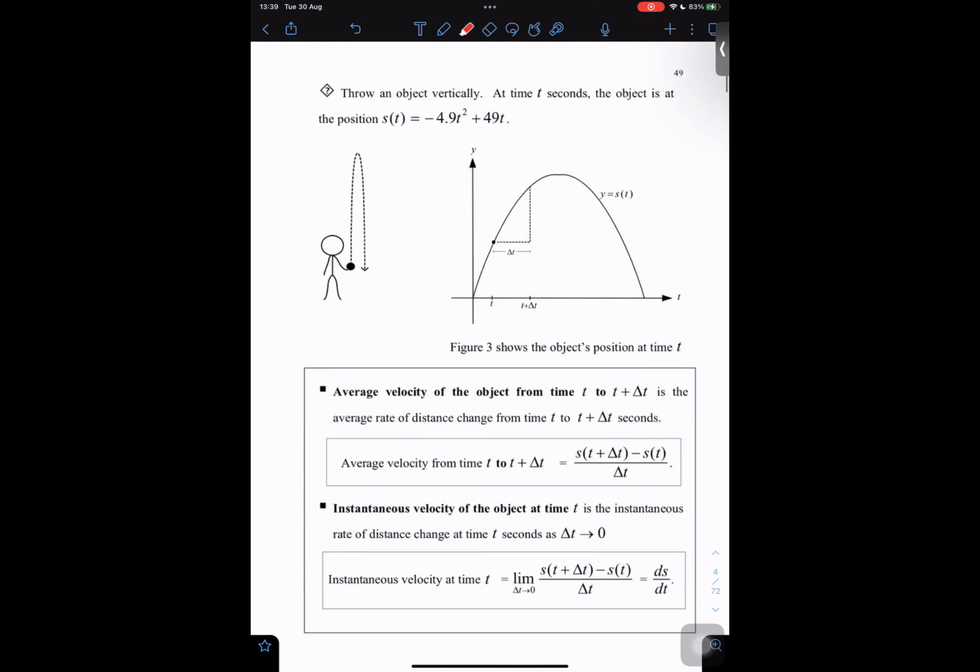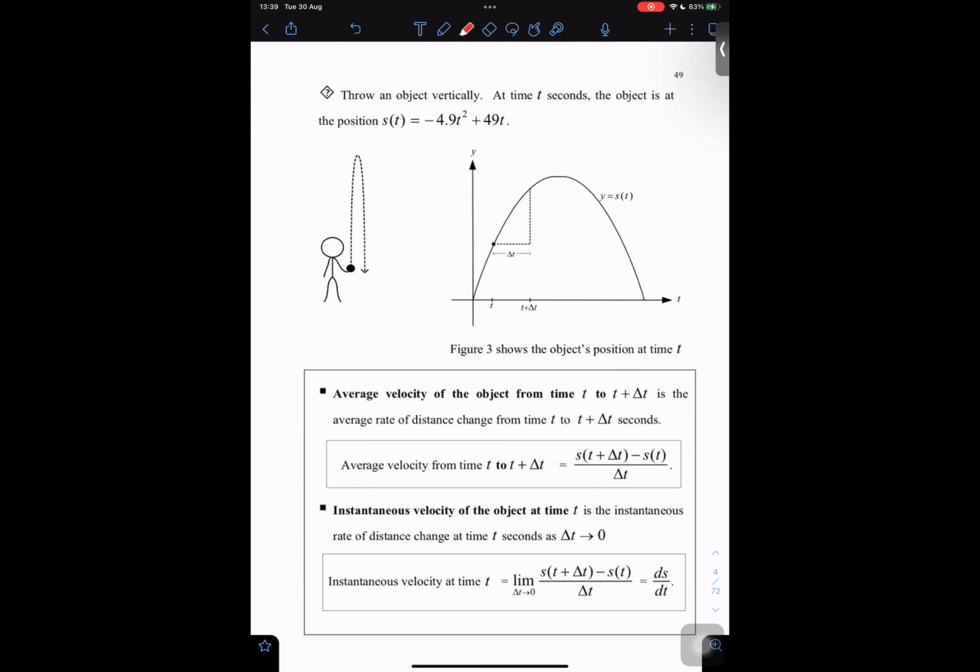I think you already learned that the derivative of the position is the speed. If you want to find the velocity at each time, given the position function, you can just take the derivative.